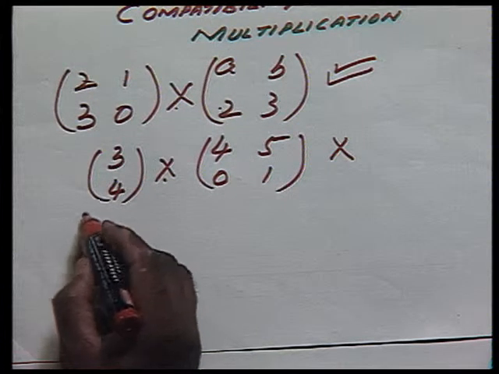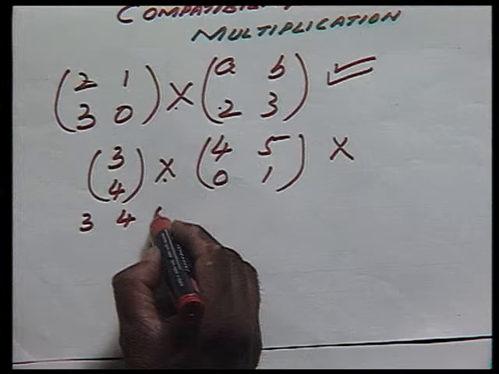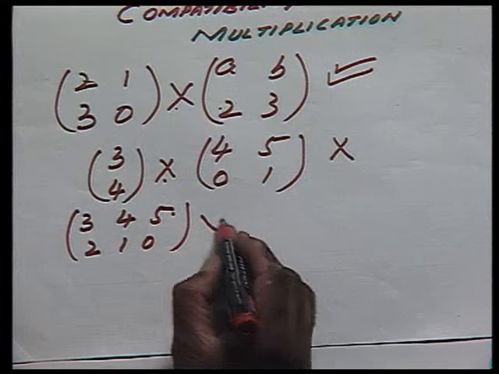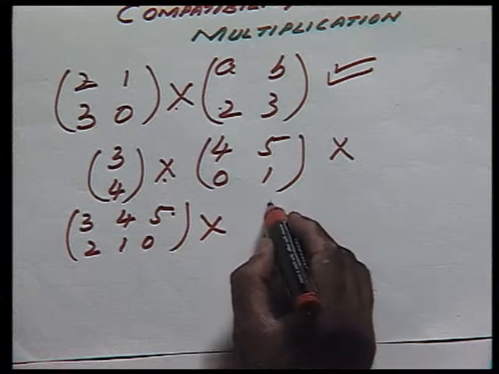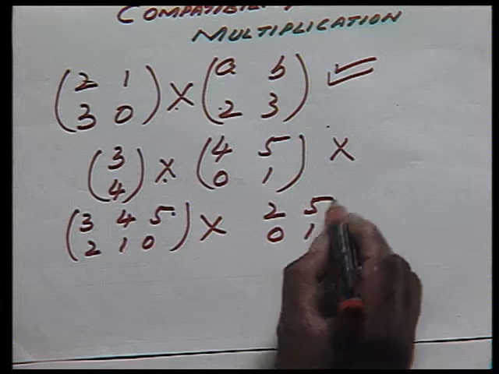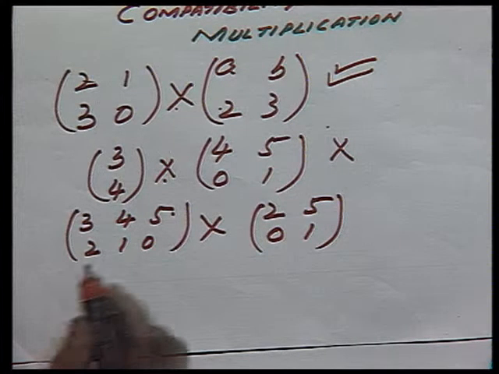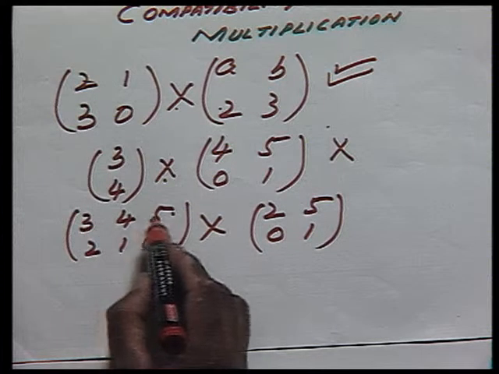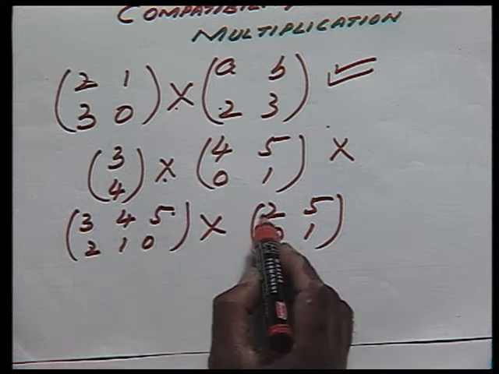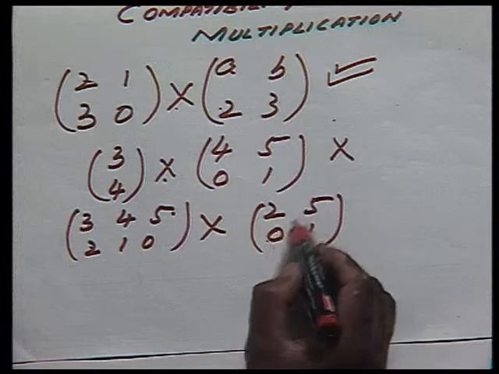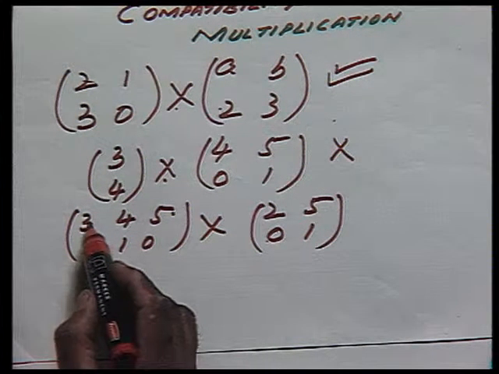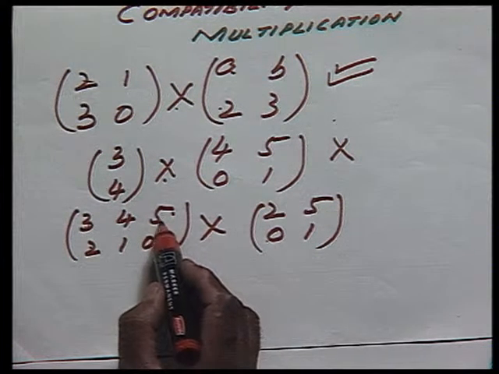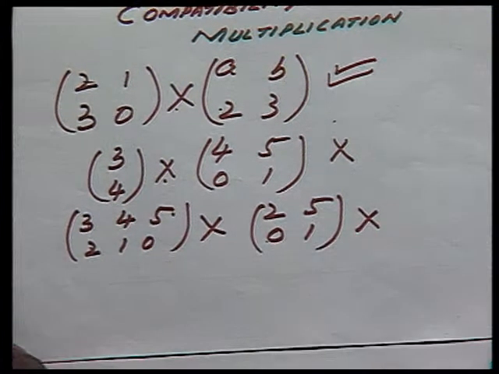Take yet another example, 3 4 5 2 1 0, we multiply this with 2 5 0 1. We have got 3 columns here, 2 rows, 2 columns and 2 rows. When we try to multiply, again the same situation comes, 3 can multiply with 2, 4 can with 0, but what of 5? Not compatible.